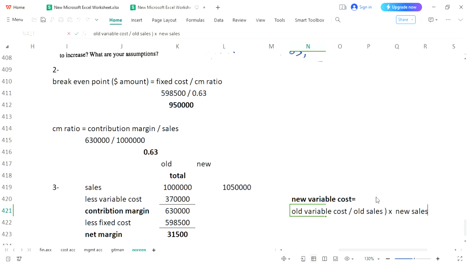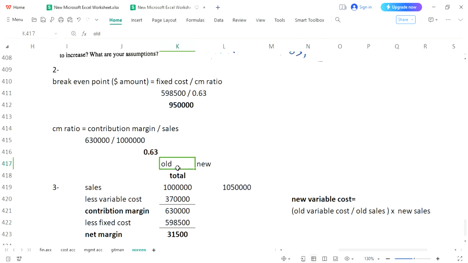Okay, now you need to have old variable cost first, which has already been mentioned. This was your variable cost and we have named it as old, 3,70,000. So put 3,70,000 first, follow the formula. Then you need to divide it with what?